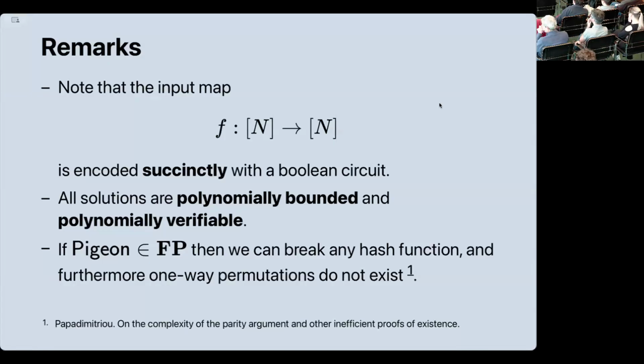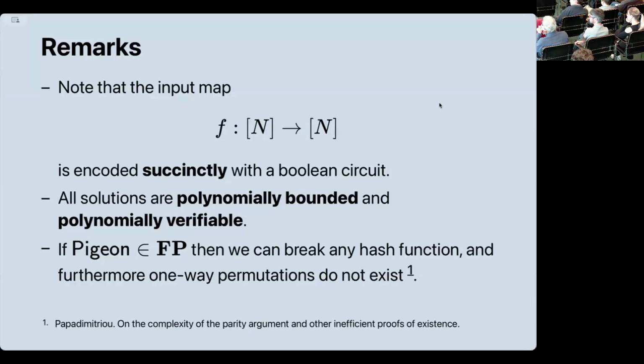But encoding it succinctly is what makes this problem actually interesting. If I just gave you the truth table of the map, you could just brute force through and find any collisions. But with the maps encoded by Boolean circuits, if this pigeon problem is in P, then we can break any hash function. Solving this problem is equivalent to finding collisions in contracting maps.